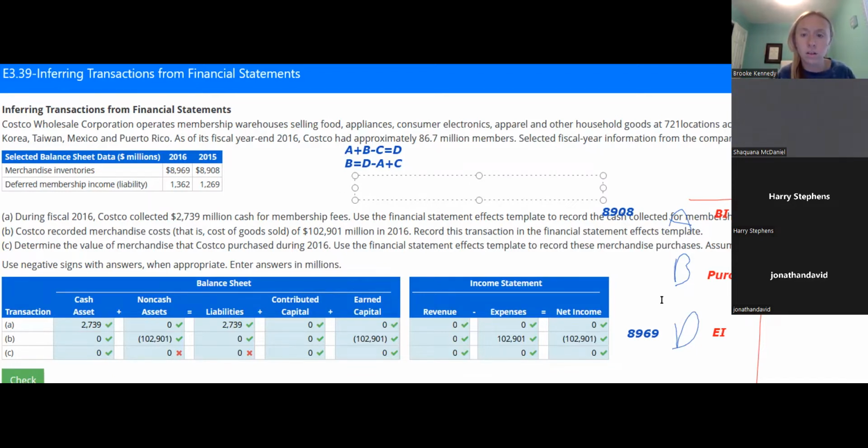D minus A plus C. What is it? 8969 minus 8908 plus 102,901. 102,962. Is that the vote? Oh, that's what I did, D minus A plus C. That sounds about right.